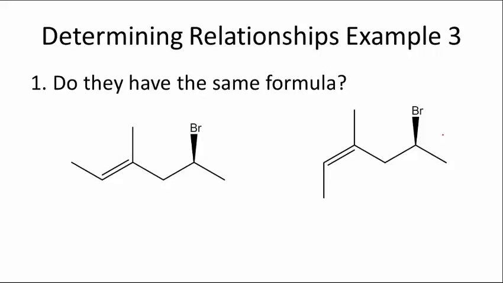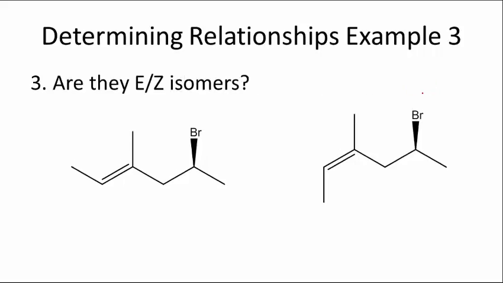So, same chemical formula? Yes. Same connectivity? Yes. Then I ask myself, are they E/Z isomers? And the answer here is yes. So E/Z isomers I would classify as diastereomers.